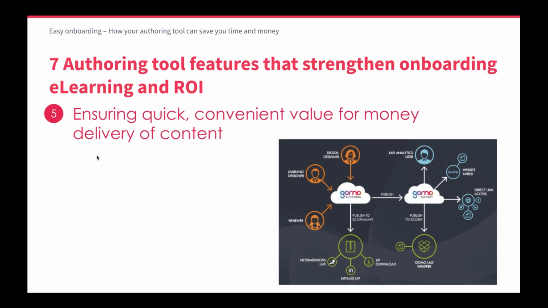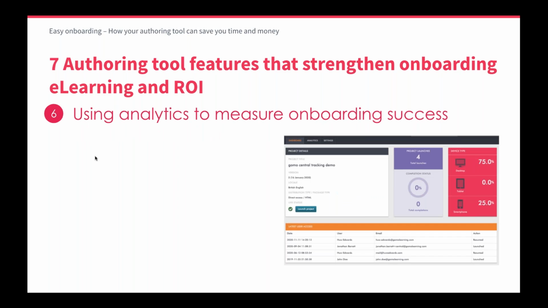The next thing is about analytics. So you've created this great course. You've used the templates and style themes and so forth. You've delivered that in a quick and easy way.